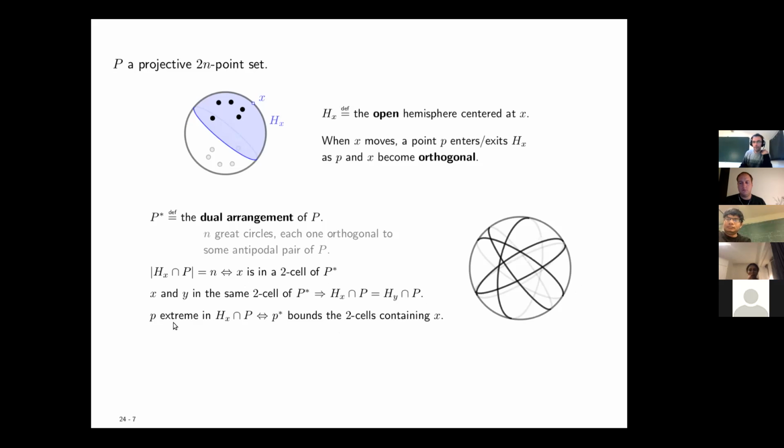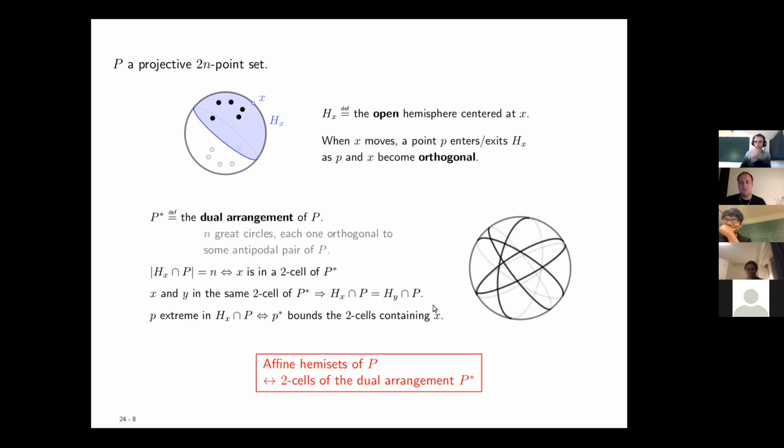A point is extreme in one such subset if and only if the great circle dual to this point appears on the boundary of the two-dimensional cell, meaning it forms an edge of the boundary. That means you can move the great circle in a way that this point is the first one to exit.